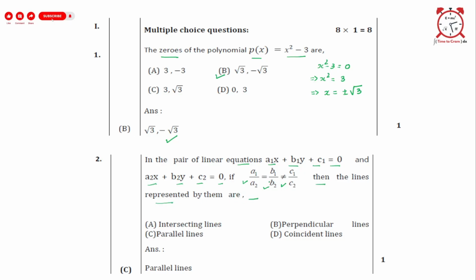So we know that if the first two ratios are equal and the third ratio c1 upon c2 is not equal, then lines are parallel. There are no solutions. So answer is parallel lines, option C.